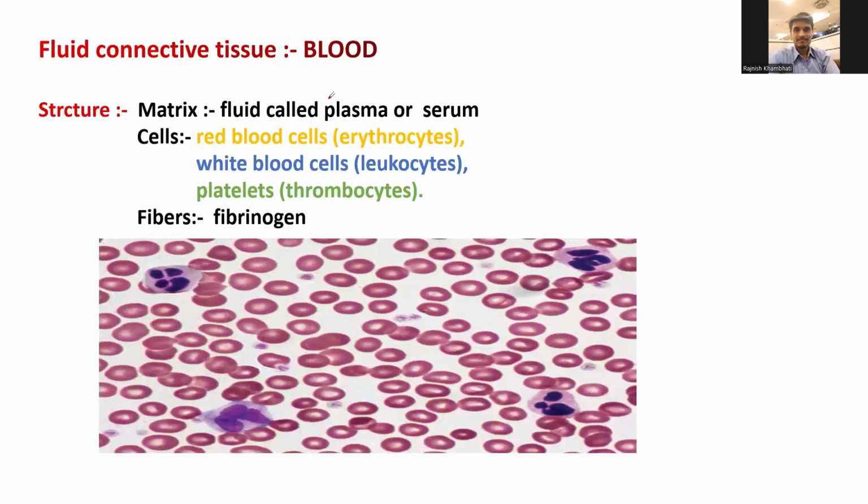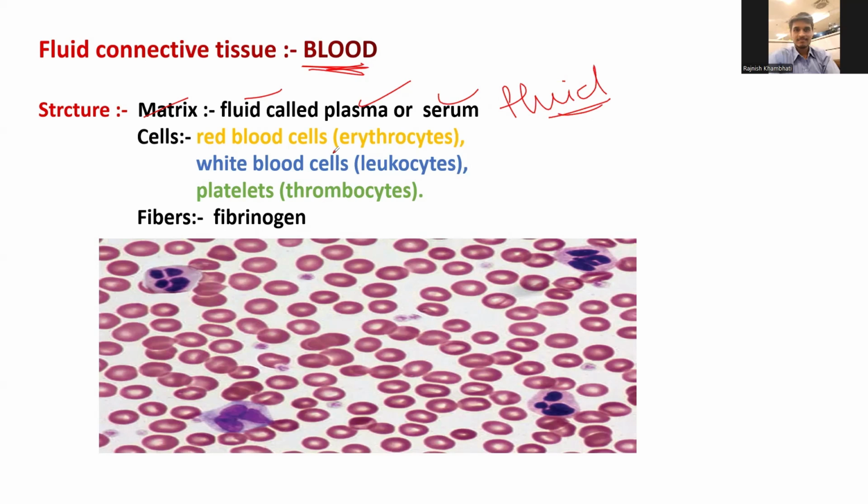Now the next tissue is called fluid connective tissue, blood. Structure: the matrix is fluid, which is called plasma or serum. It has a fluid matrix, not jelly-like, not solid, but fluid.